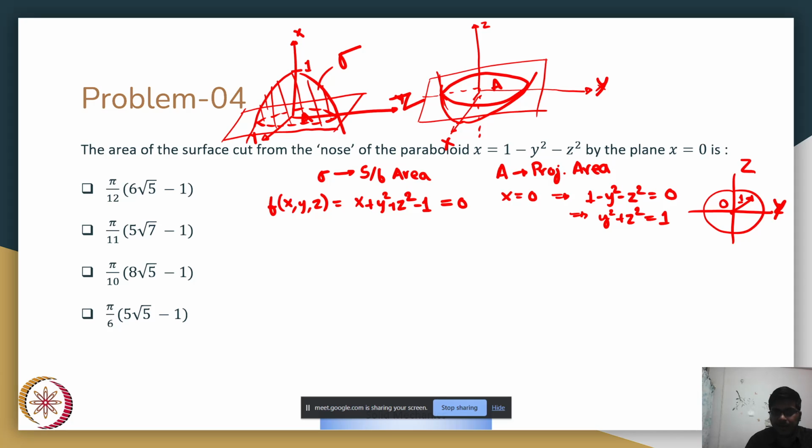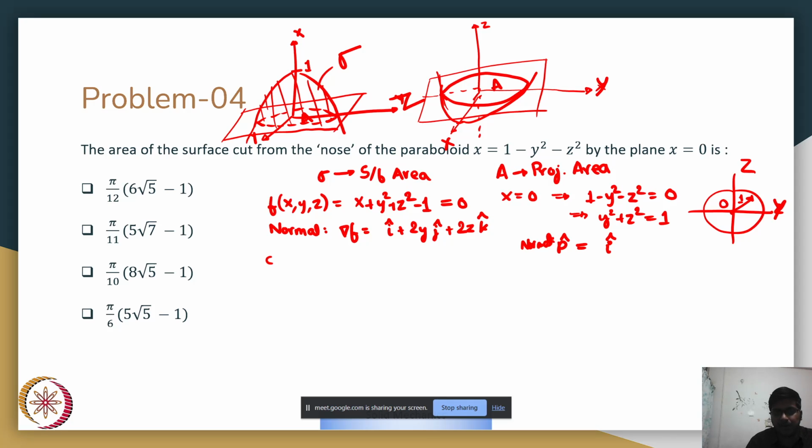Okay. Now to calculate the normal, I'll calculate the gradient of f, which is nothing but i hat plus 2y j hat plus 2z k hat. And from my projection area, I know that my normal p hat is equal to i hat along the x-axis.